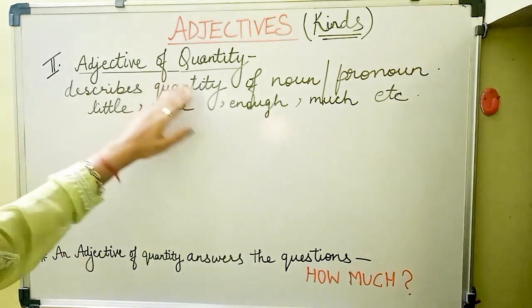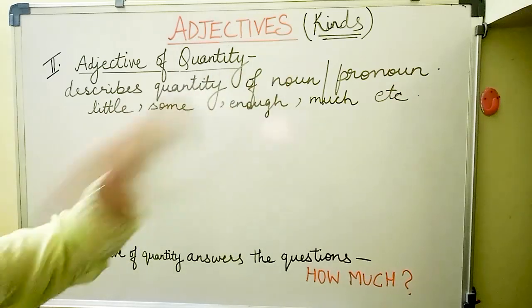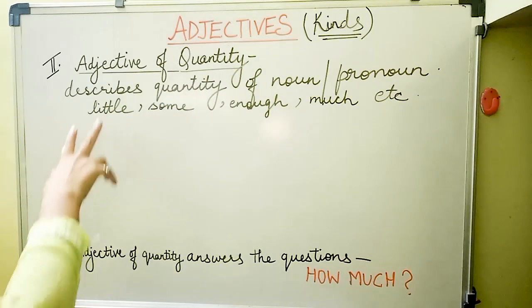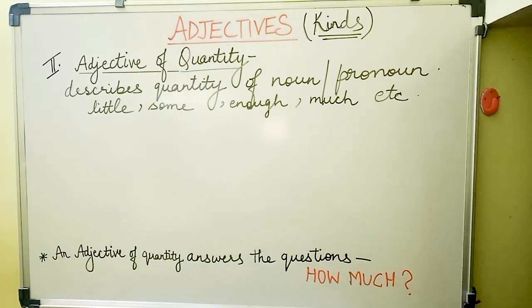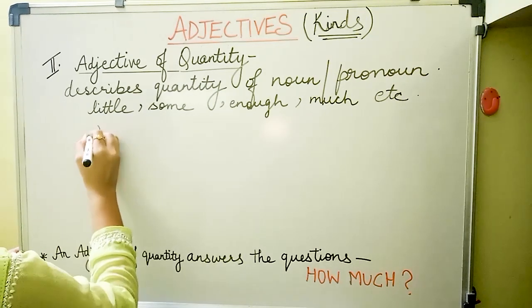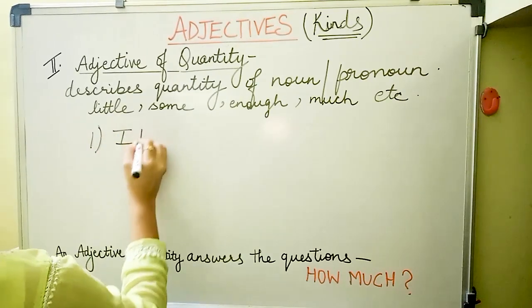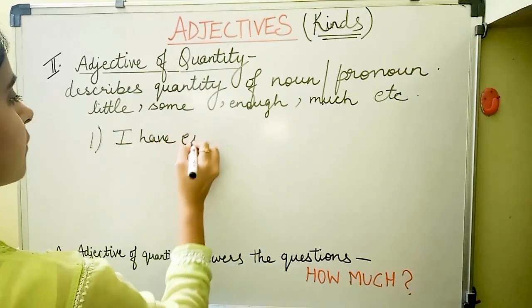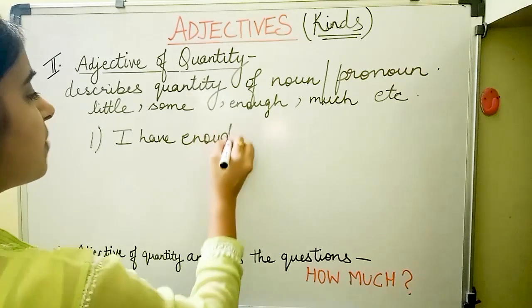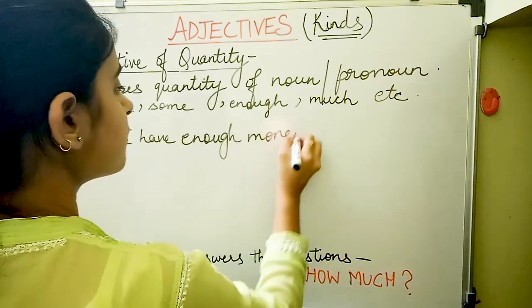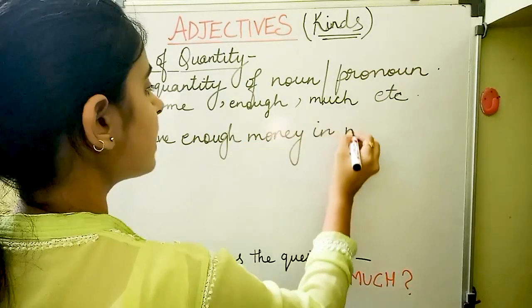So adjective of quantity describes the quantity of a noun or pronoun. A few examples of adjectives of quantity are little, some, enough, much, etc. Now it will be clear to you from the following sentence examples. For example, I have enough money in my bag.